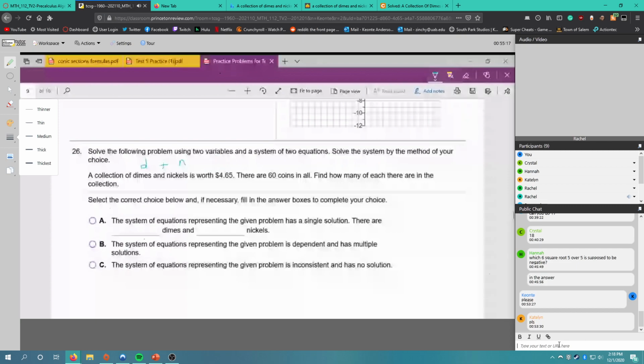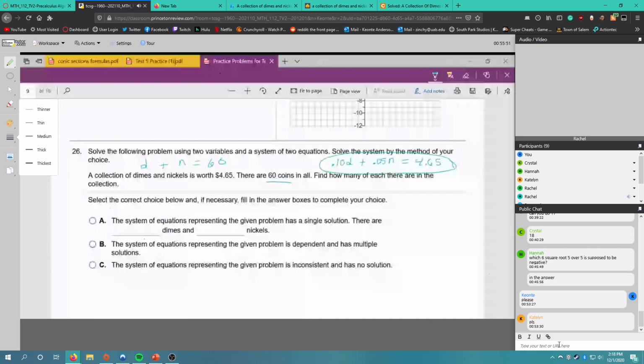So 60 coins, dimes plus nickels equals 60. And then the dimes are worth 10 cents and nickels are worth 5 cents. So 10 cents times however many dimes plus 5 cents times however many nickels is going to equal $4.65. So that's the 2 equations that you would solve.